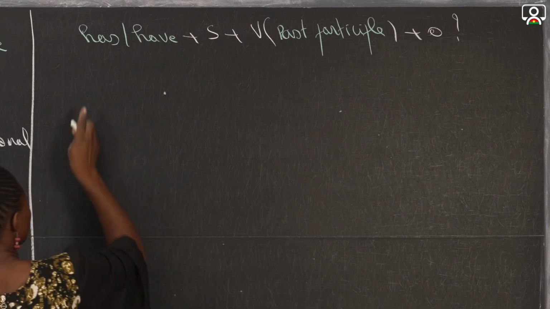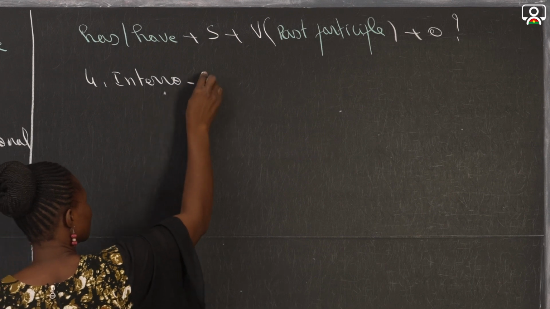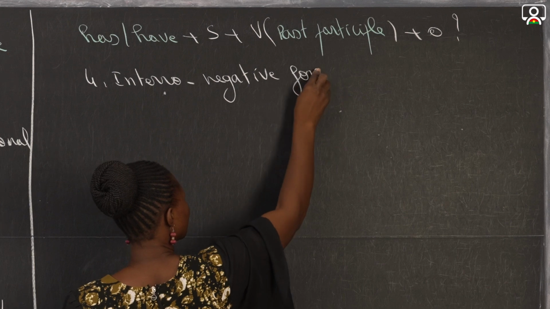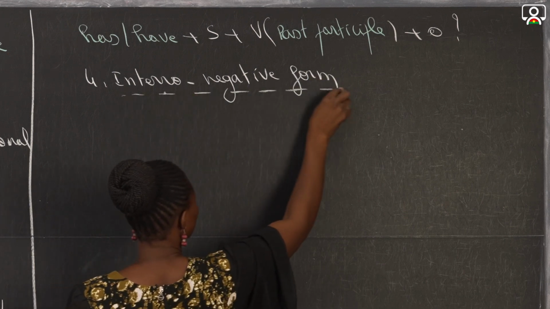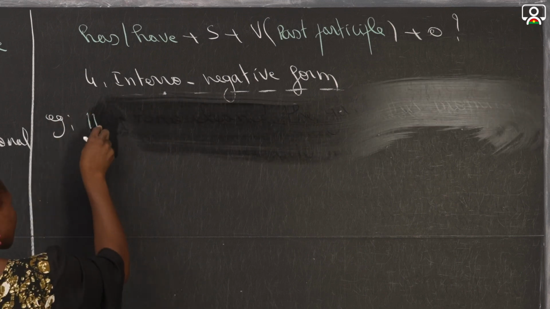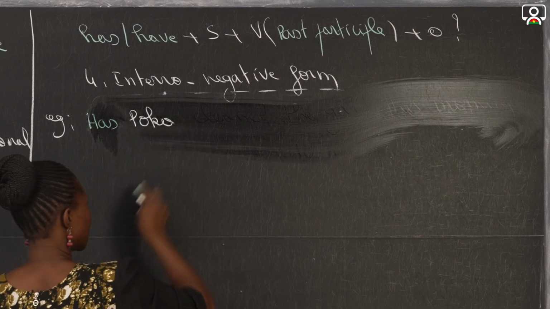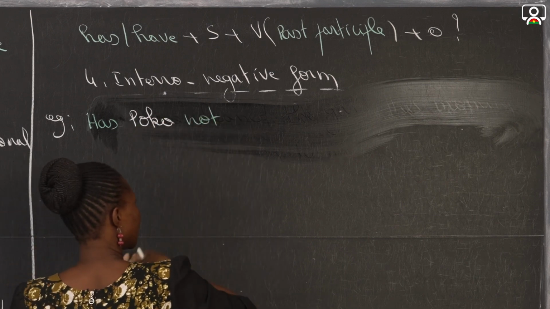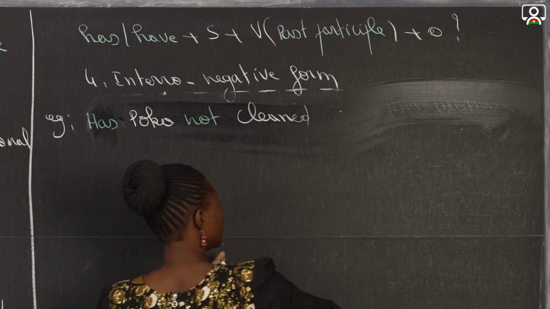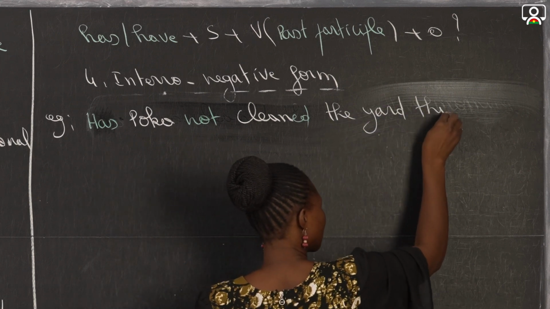The last form is the negative interrogative form. An example: has Coco not cleaned the yacht this morning?